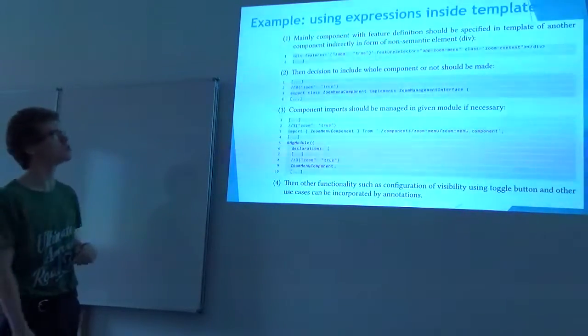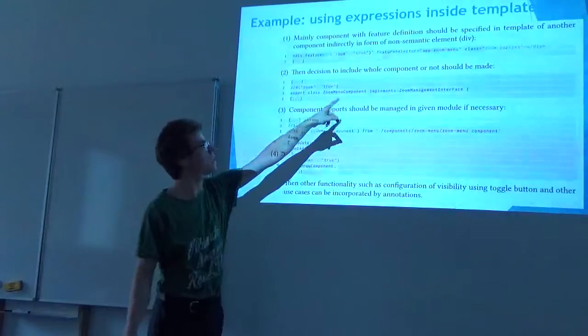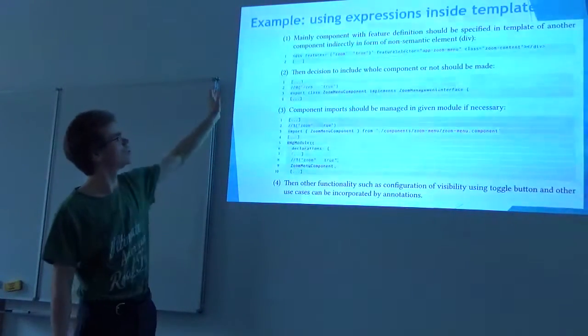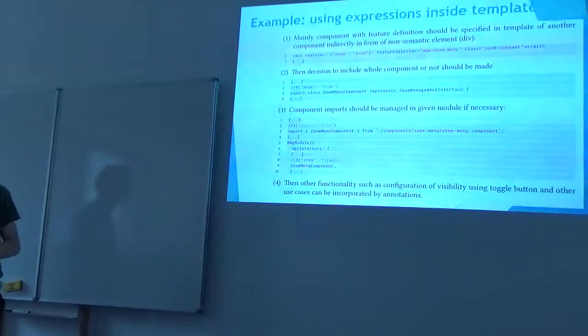For example, if feature zoom is set to true, then the directive replaces the app zoom menu selector with a div element, otherwise it removes the div element from this template.